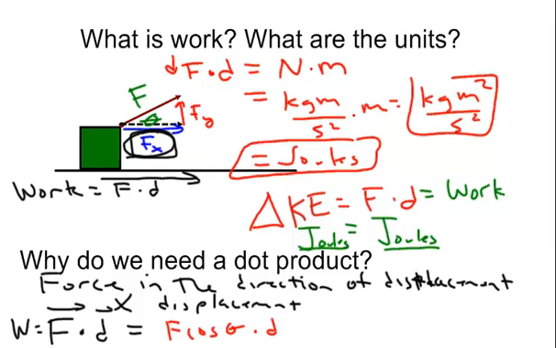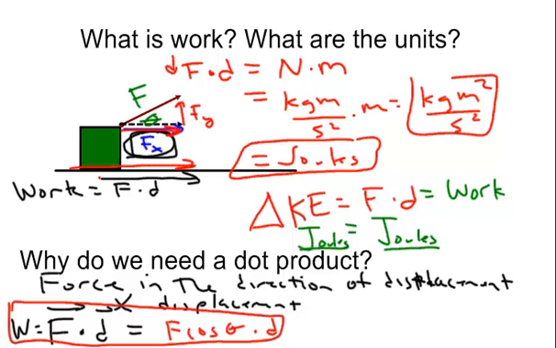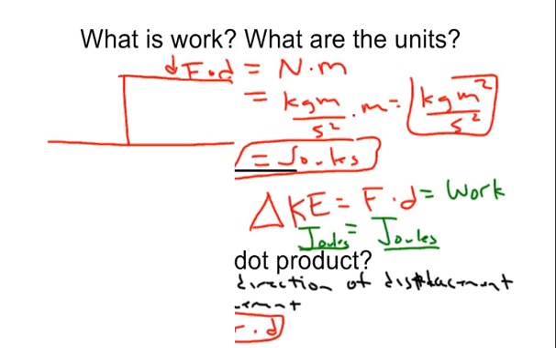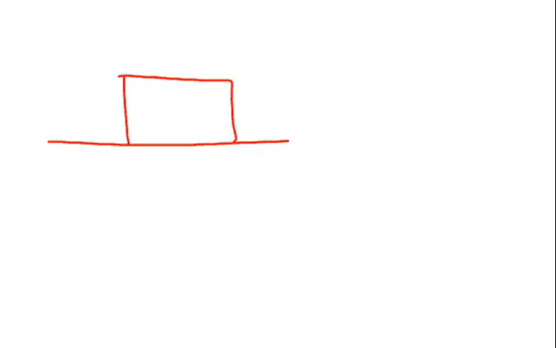So just to kind of illuminate this with a picture, what we're saying is that when we're talking about work, we are looking at the force that's in the direction of the displacement. Let's look at an example of that. Let's say I have this block.